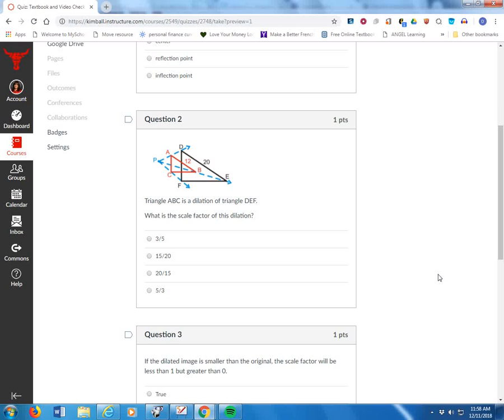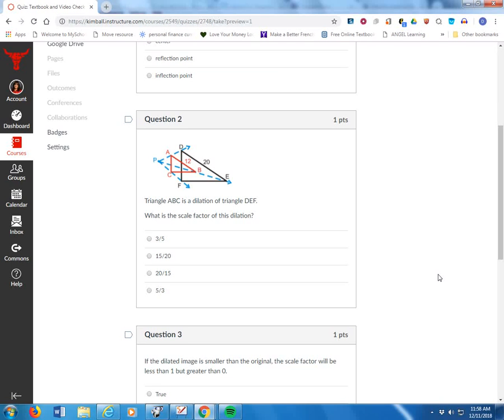And the part that gets confusing is, is it 20 over 12 or 12 over 20? Well, did it get smaller or bigger? It got smaller, so we know the fraction has to be less than 1. If I go 20 over 12, that's not less than 1. So it's got to be 12 over 20, and then I have to simplify it. So 3/5. Letter A should be the scale factor.